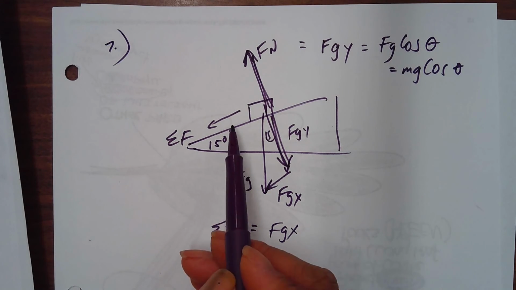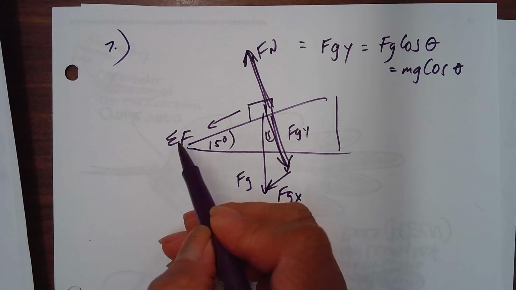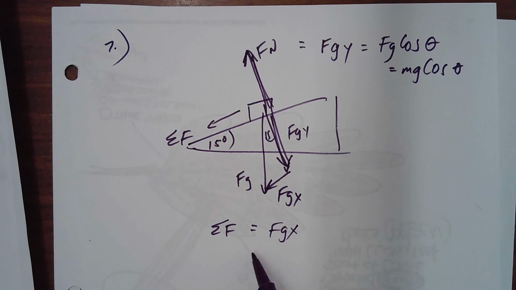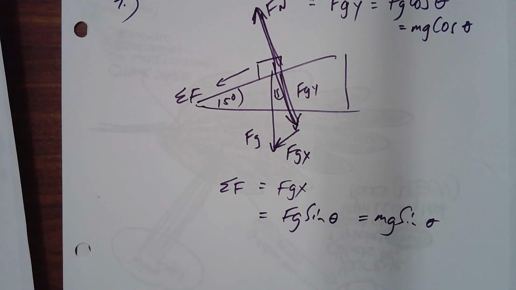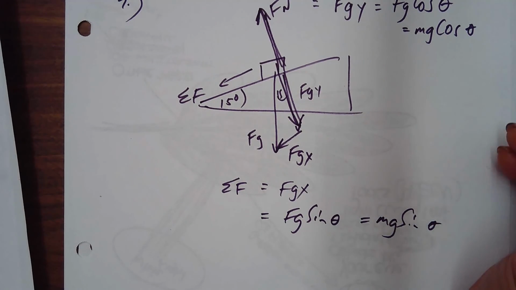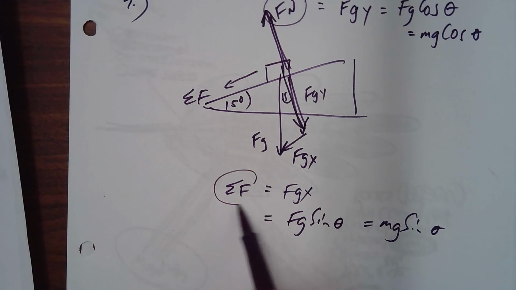Oh, that's what that is. They called it N, so Newtons. That's net force. So you're looking for net force as well, which is Fgx, which is Fg sine theta, which is mg sine theta. That is how we find the net force. So we have found the normal force and the net force.